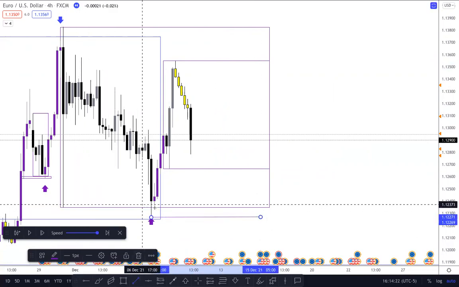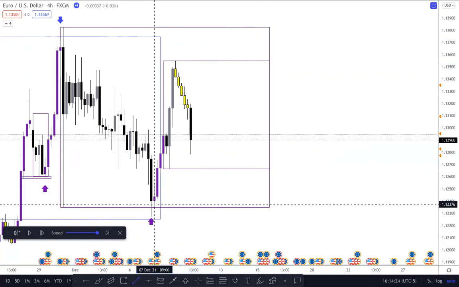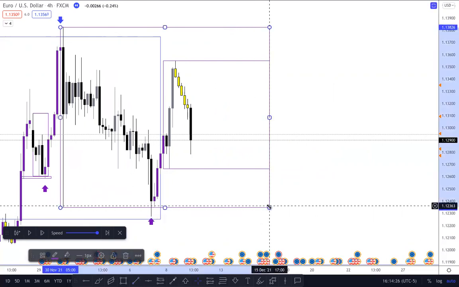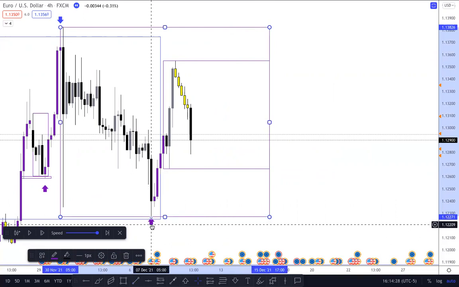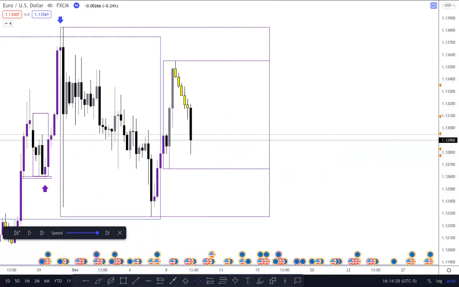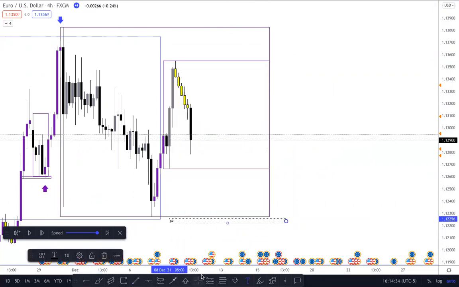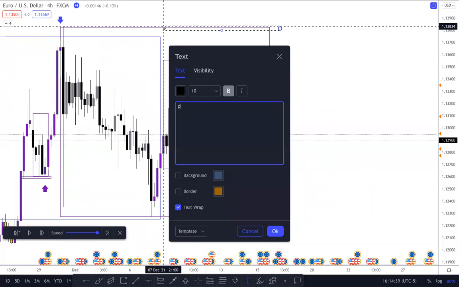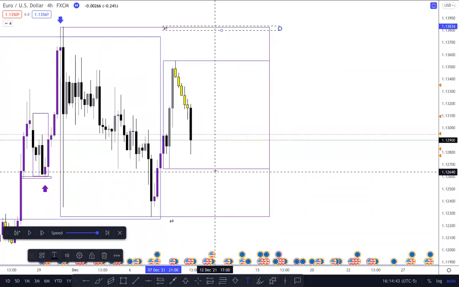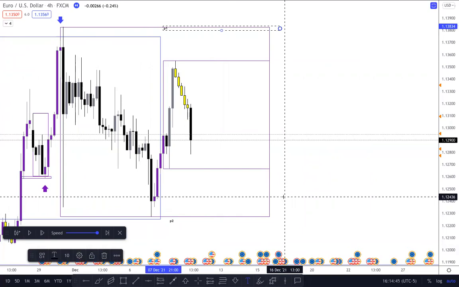Phase 1, phase 2. If for chart hygiene purposes, just drag your box down. We now know we're in phase 2. You may, if you want to, annotate it just to understand that we are in phase 2 of the liquidity cycle. Right, and up here we are in phase 1 of the liquidity cycle. In this box here, we know we're in phase 1 of the liquidity cycle.